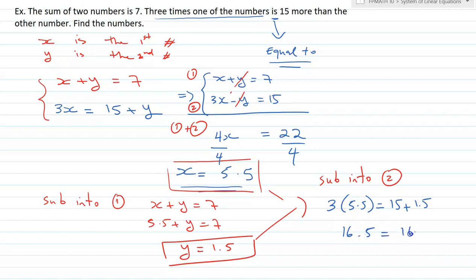Is that equal to 16.5? Yes it is. Therefore you're done. Okay, so basically you're changing this word problem into a system of equations. Then you go ahead and solve the system in whatever method you like, using elimination or substitution, it doesn't matter, and then you double check your answer.